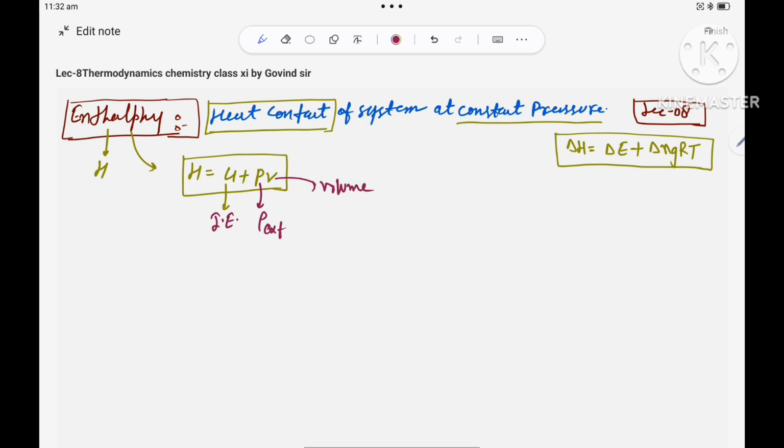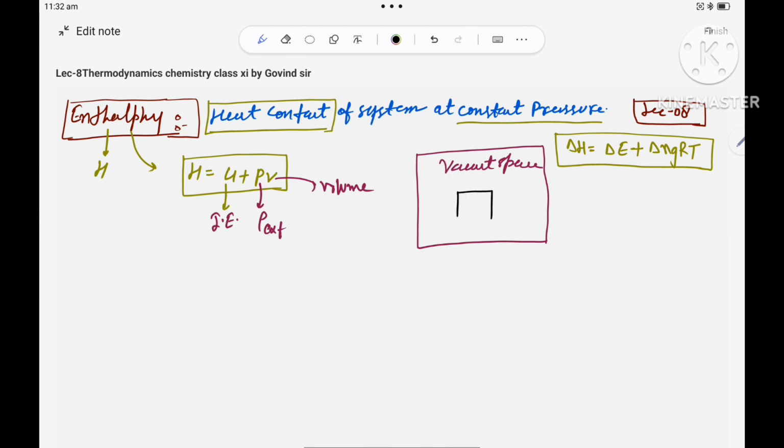On that basis, see what I said, it is a heat content. Suppose this is the vacant space. This space is vacant. And here I want to put one system filled with gas.